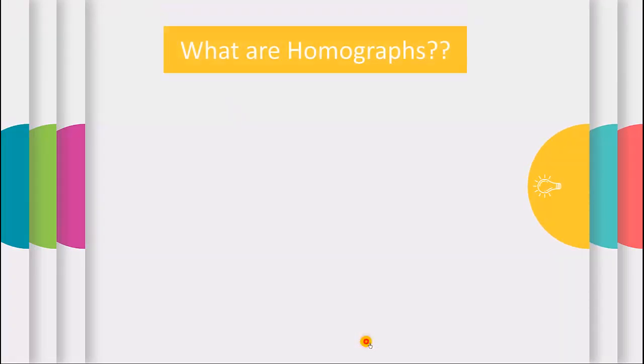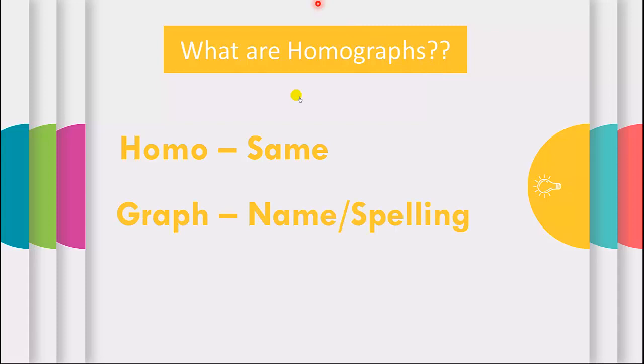What are homographs? To make it easier, I'll break it into two parts, homo and graphs. Homo means same, as usual, and graphs means name or spelling. Together they make the word homographs.